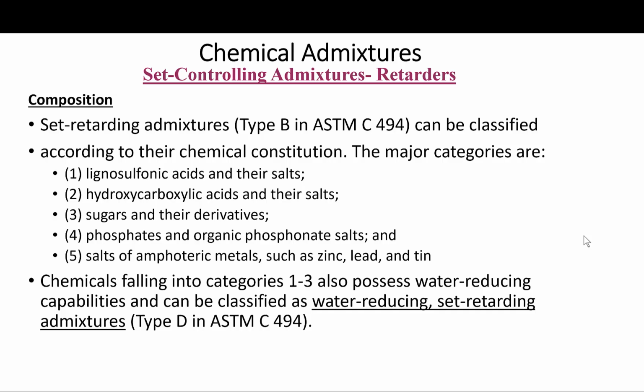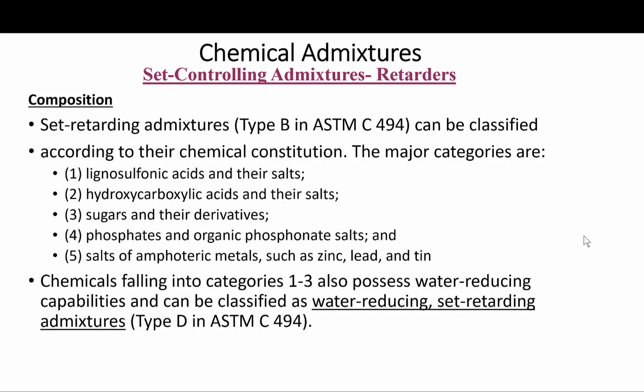First, the lignosulfonic acids and their salts; second, hydroxycarboxylic acids and their salts; third, sugars and their derivatives; fourth, phosphates and organic phosphate salts; and the fifth one is the salts of amphoteric metals such as zinc, lead, and tin.